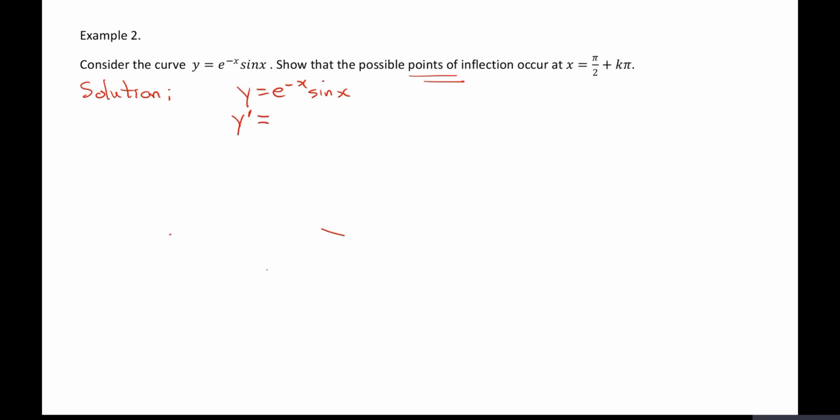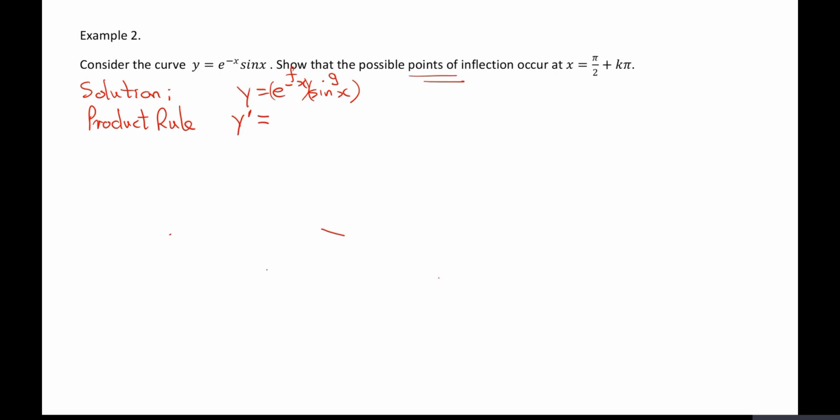Our first derivative: e to the minus x times sine of x. One function multiplied by another, product rule. So yes, I'm going to use my product rule.